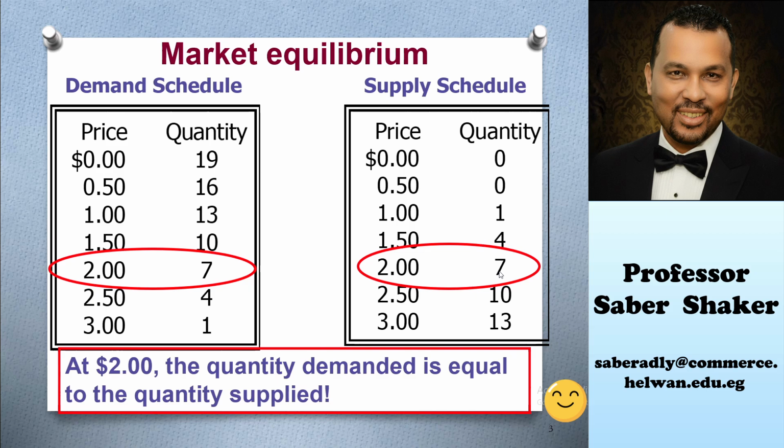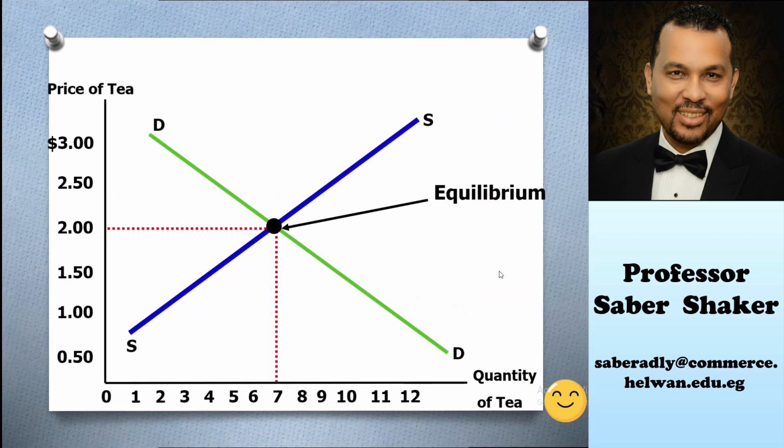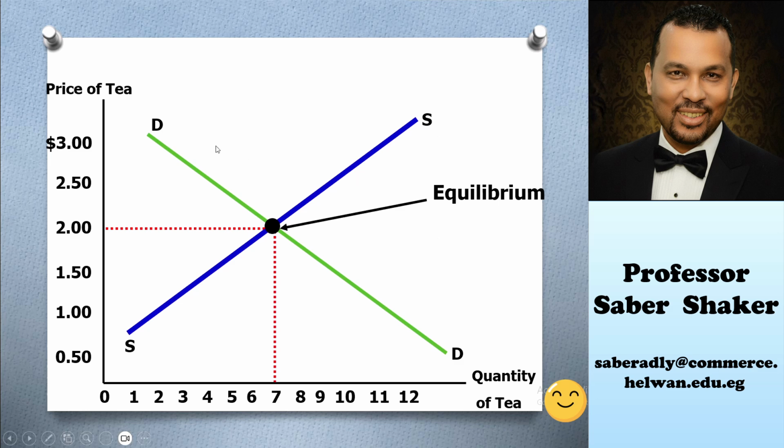What about by graph? Okay, this is the demand curve DD, downward sloping, to explain the negative relationship between the price of T, as an example of our product, and the quantity of T. What about the supply curve SS?